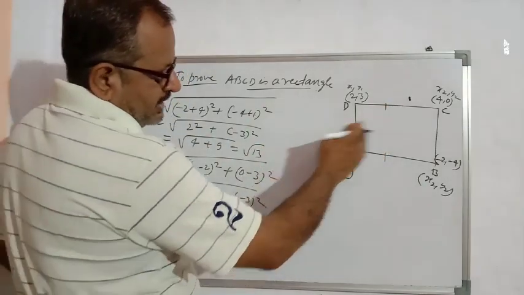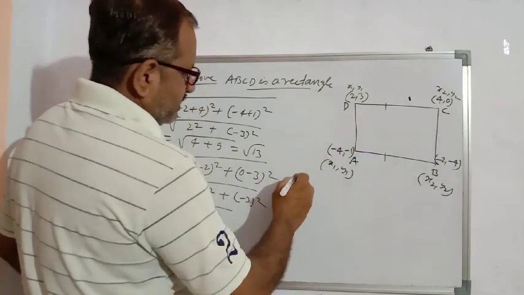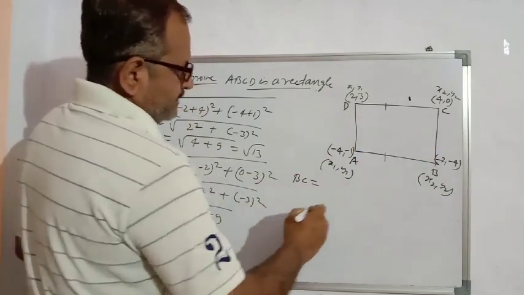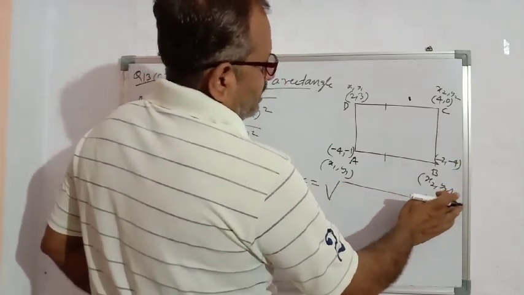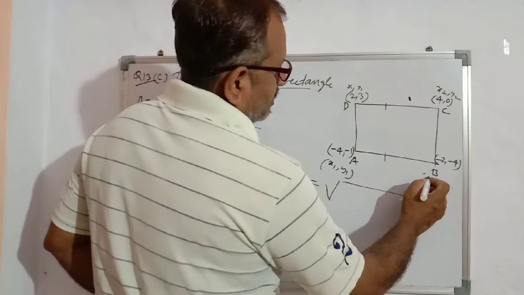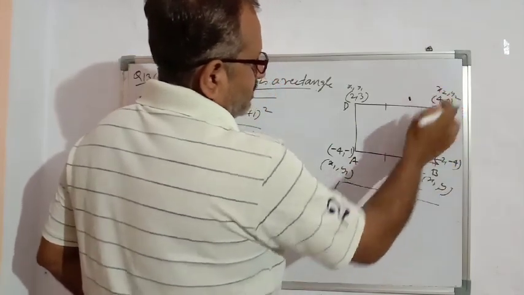Now we will find the next pair of opposite sides, BC and AD. So find BC. Suppose this point is x1, y1 and this is x2, y2.